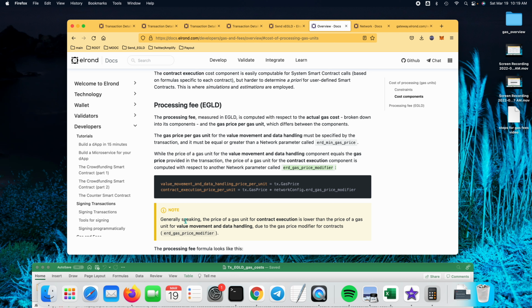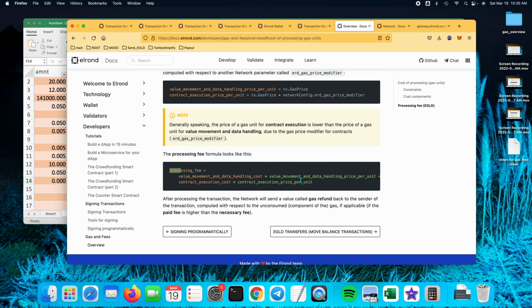So they say, generally speaking, the price of gas unit for contract execution is lower than the price of gas unit for movement and data handling due to the price gas modifier for contracts. Okay, and so what that means is the cost of the gas that you are being charged is going to be lower than the price of gas for a regular transaction and just data handling.